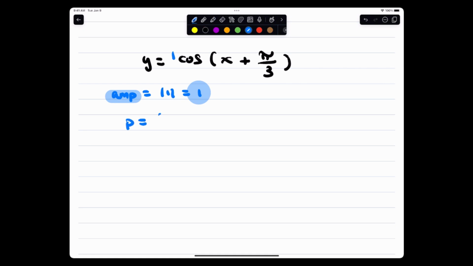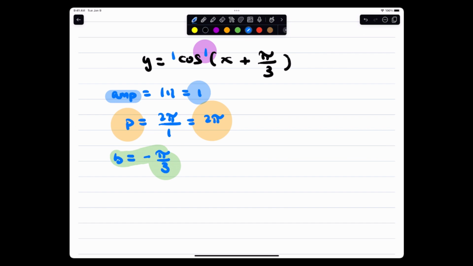Your period is 2 pi over, what is k? 1. Which is what? 2 pi. What was that phase shift again? Negative pi over 3. So this is where we're going to start, by the way, right? So I got my phase shift now. All right.